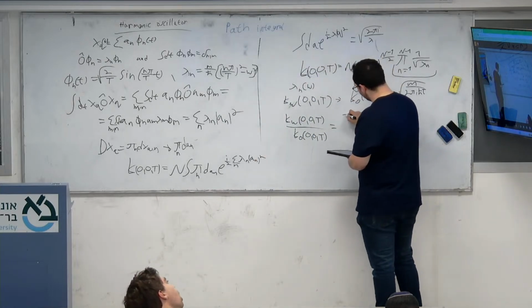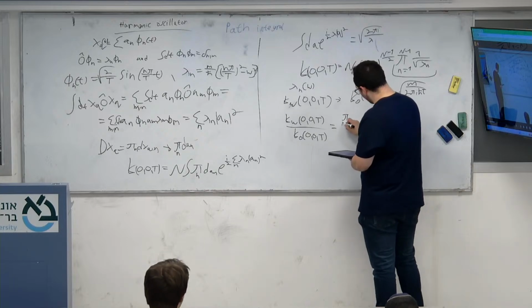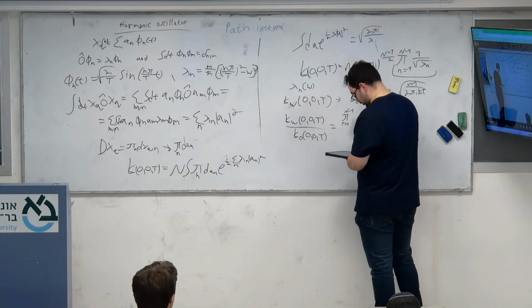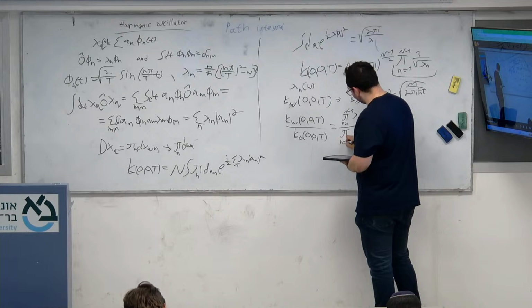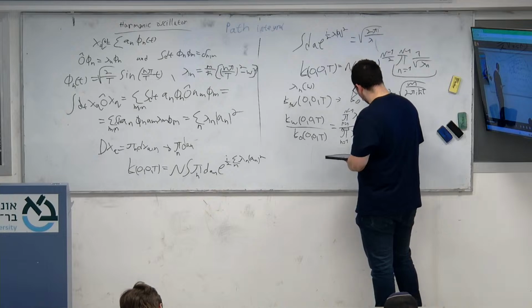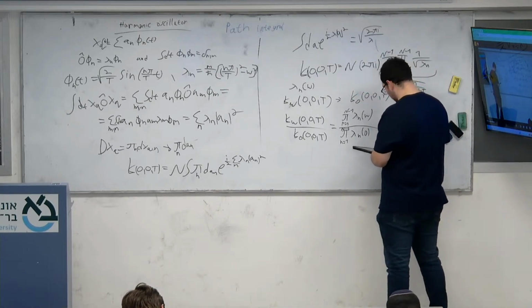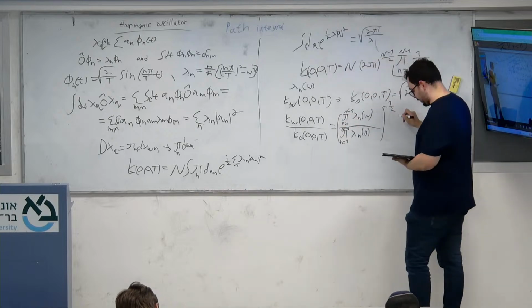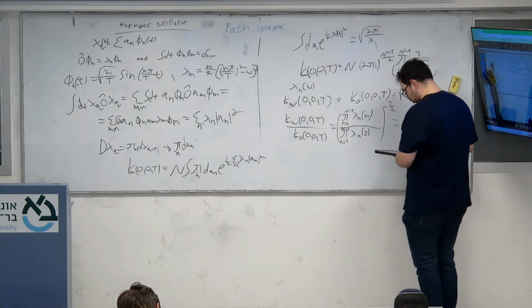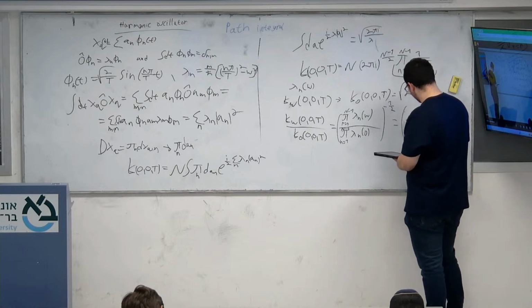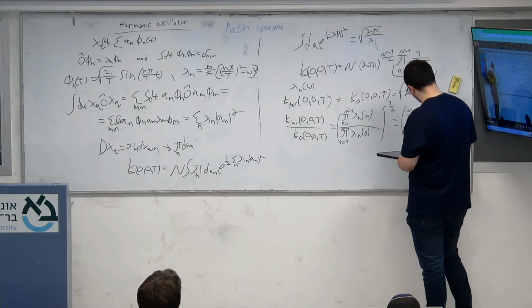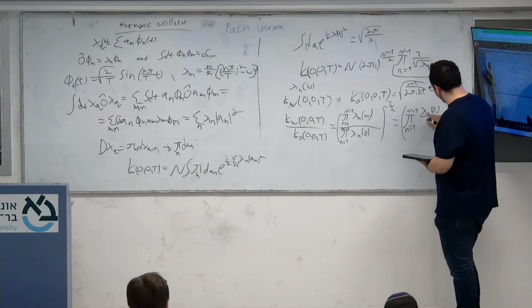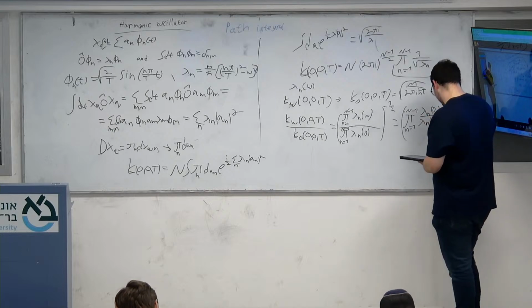equal to the product from n equals 1 to n minus 1 of lambda n of omega divided by the product of lambda n of 0, to the power minus 1/2, or the product n from 1 to n minus 1 of lambda n 0 divided by lambda n omega.